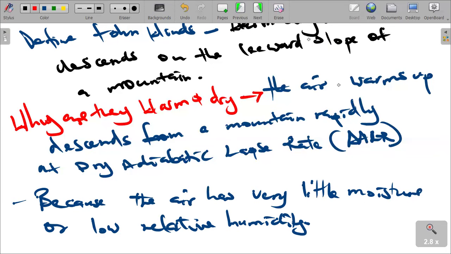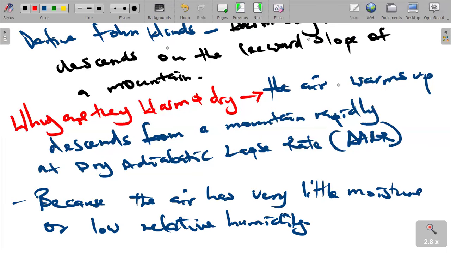The temperature is increasing with a decrease in height. So the dry adiabatic lapse rate causes them to warm up. Therefore the air has very little moisture, or a very low relative humidity, because of the subsidence from the mountain, as we have said. So that is one quick question that comes up.